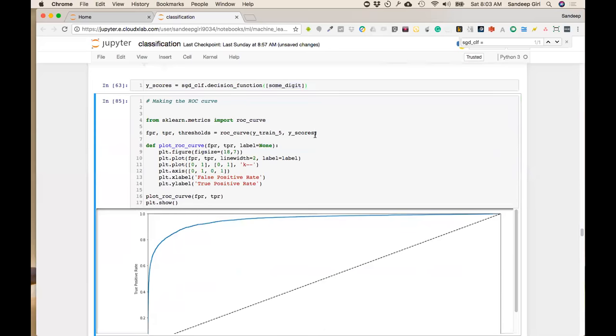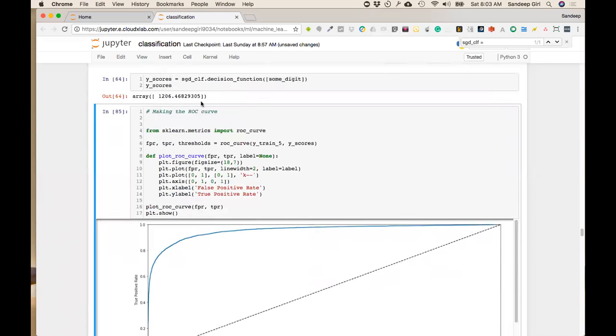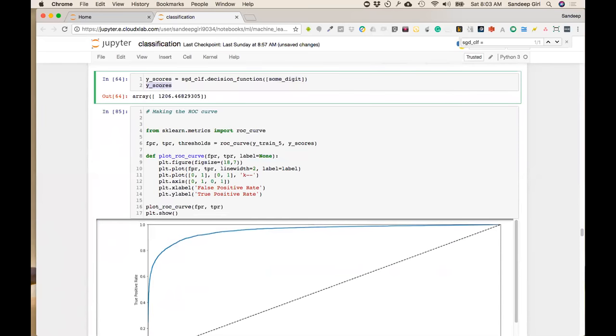And how are we checking? Instead of true and false, we are just checking the score. Here, y_scores is a misnomer. It's a single value, not multiple values. We are just finding the score for one digit.